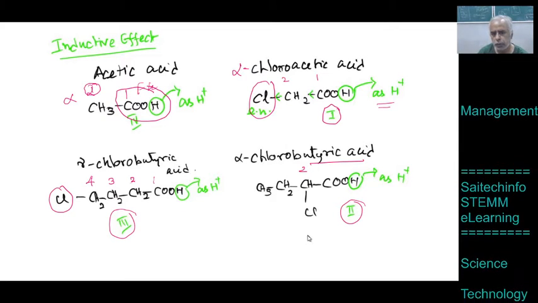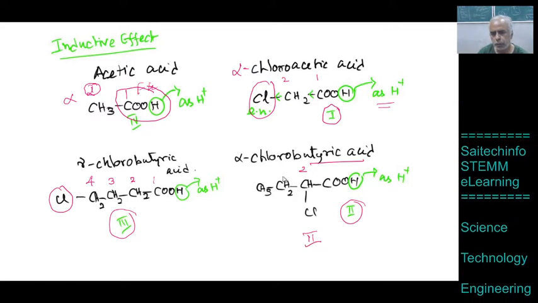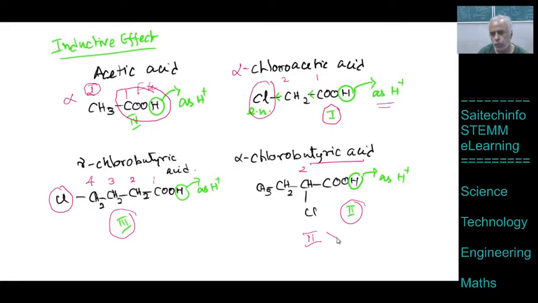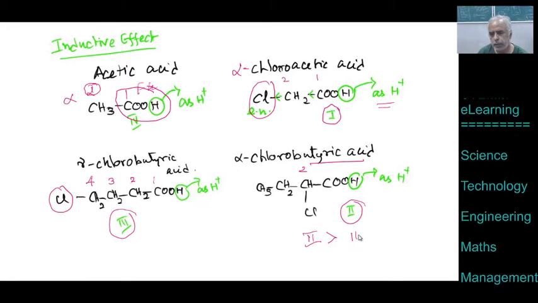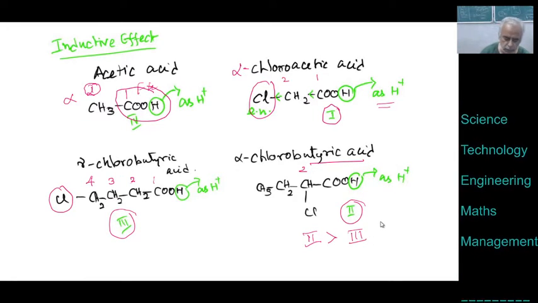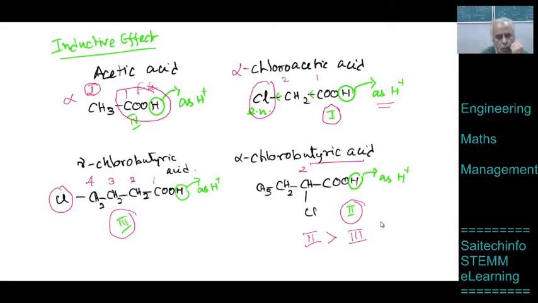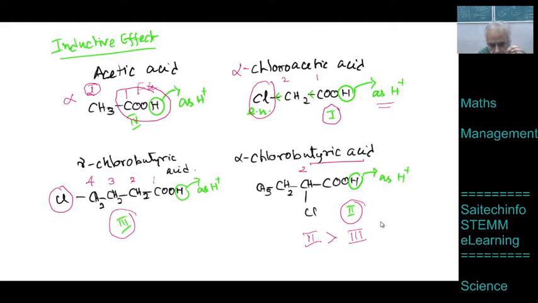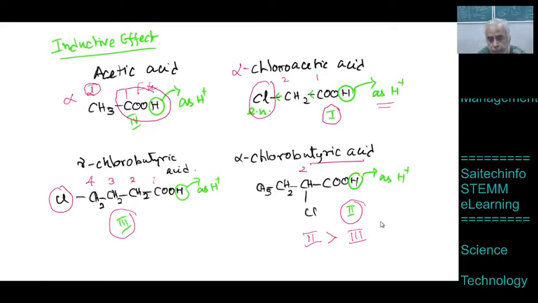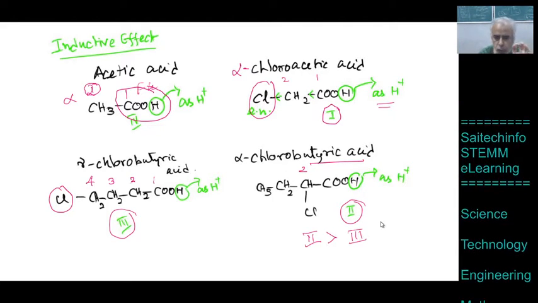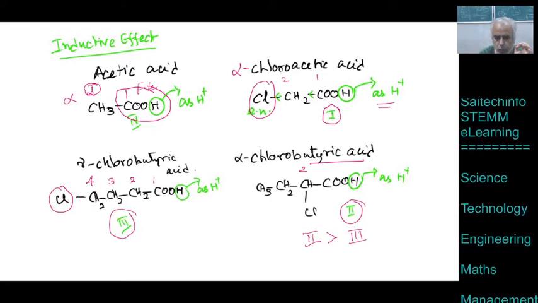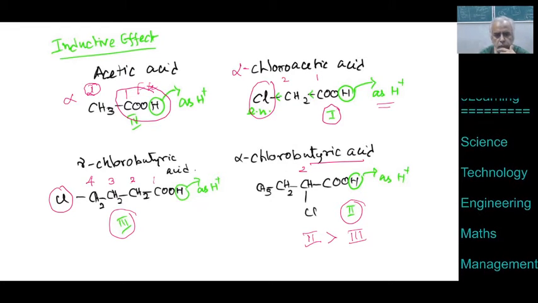Alpha is more acidic than gamma. So do you understand this? Likewise, you will be given some compounds, and based on the inductive effect you should be able to compare the acidic strength. If there is any doubt you can ask me, otherwise we will move to the next one.